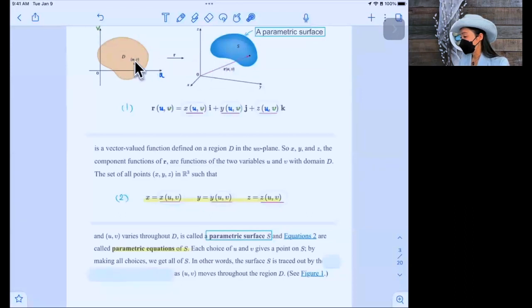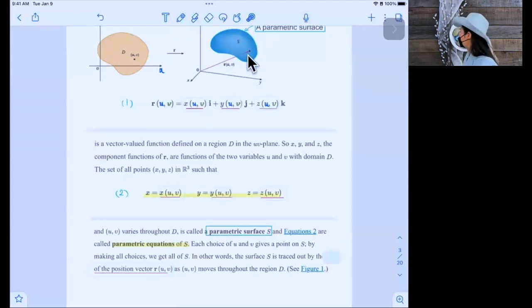So you take u and v, and then you have this vector, and this vector has three components. The tip of this is going to trace out this surface here. So imagine that. Sometimes at night, you see those laser pointers pointing to the sky, right? Think about this position vector right here.